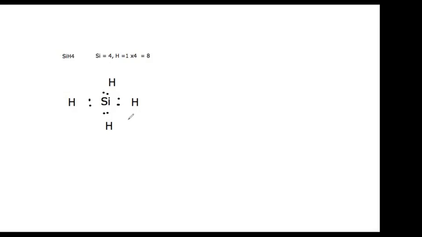So once I've done that, what I want to make sure is that every atom has an octet. The octet rule for most atoms is I'm trying to get to 8 electrons, but again, hydrogen's always going to be a problem for us. So hydrogen only wants 2.